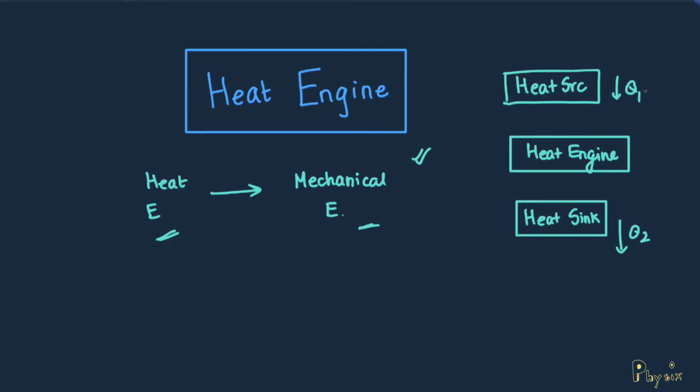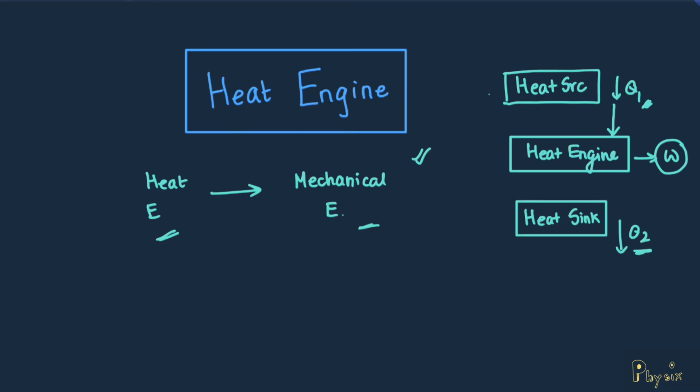Now, by the supply of this Q1 amount of heat energy, the heat engine actually does work. So, if we supply Q1 to this heat engine and it does work amount W, it gives out heat of amount Q2.